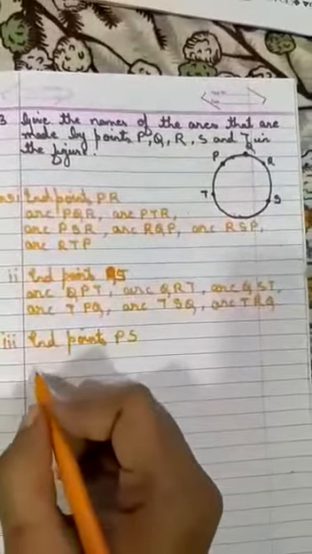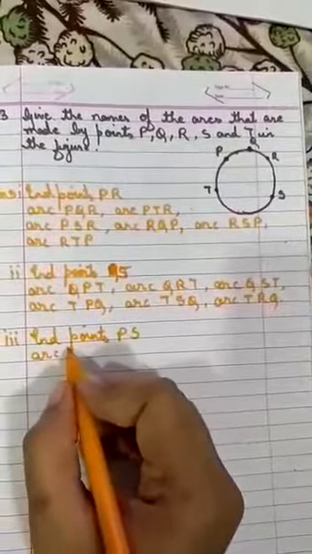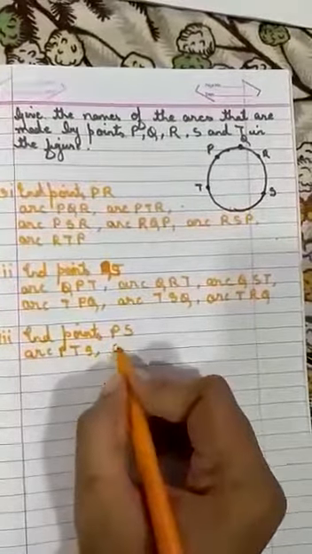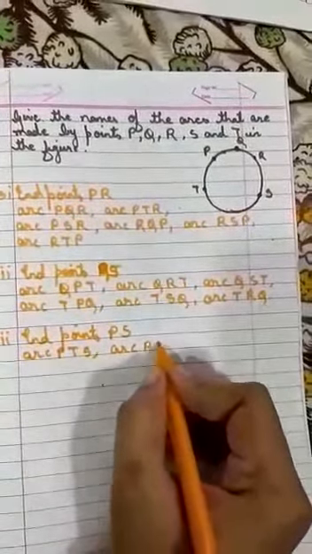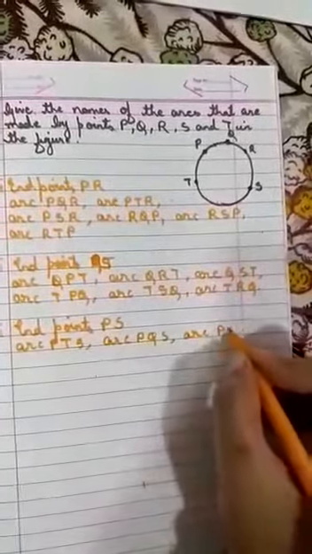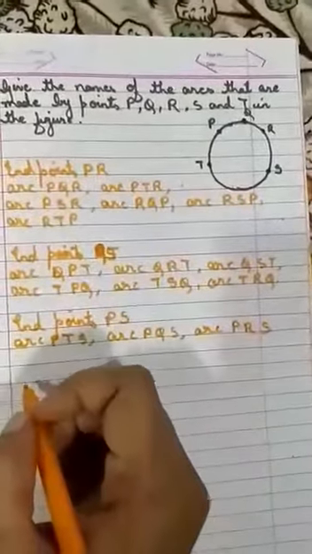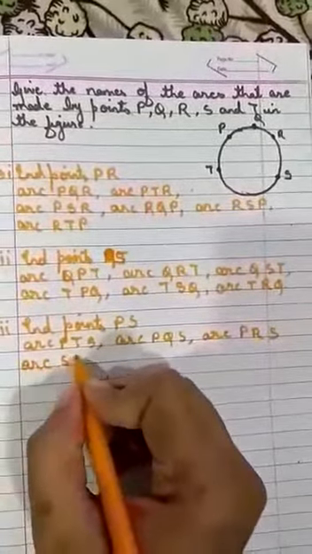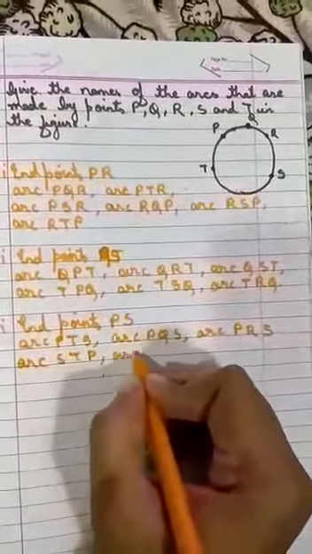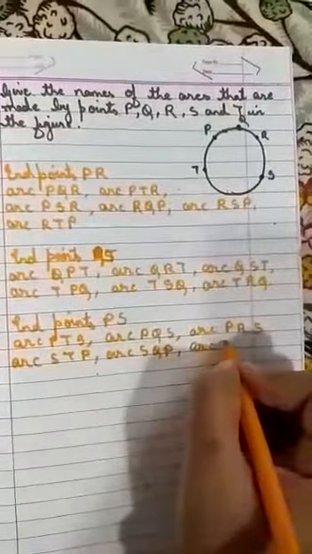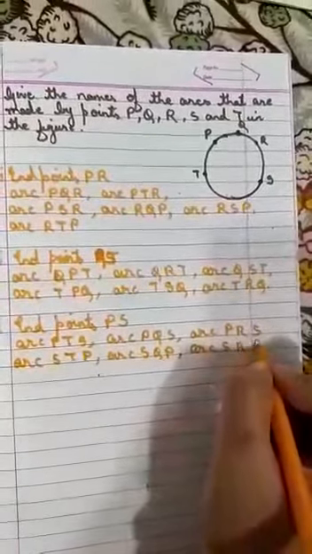So we get arc PTS, arc PQS, arc PRS. Understood? So next opposite, arc STP, arc SQP, arc SRP. Understood?